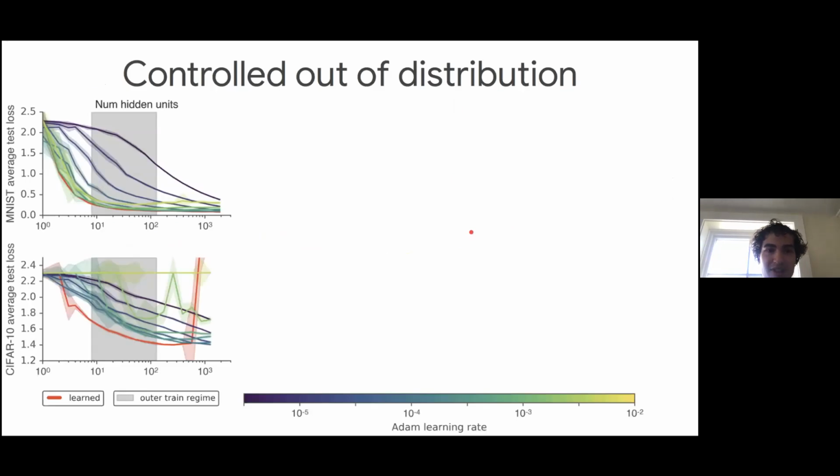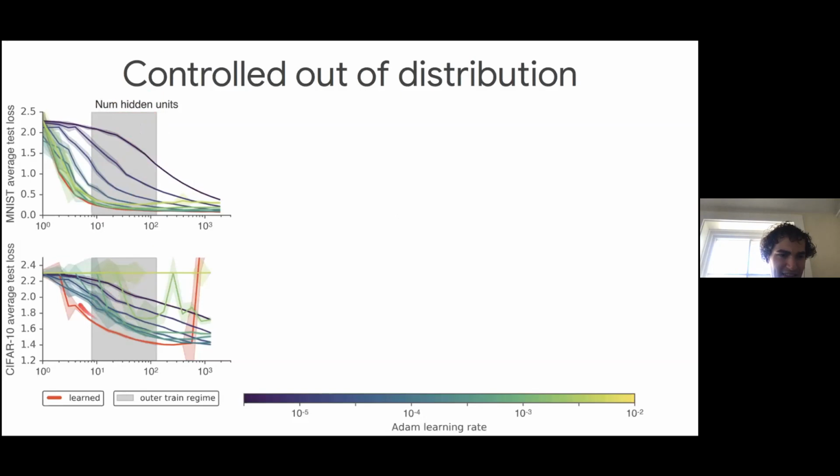Next, we explored some out-of-distribution generalization in a more controlled setting. I'm running short on time, so I'm going to gloss through these quickly. But the high-level idea here is we train on this shaded region, and we vary one parameter of the inner problem, in this case the number of hidden units. The different colors here denote baselines of different learning rates for Adam.